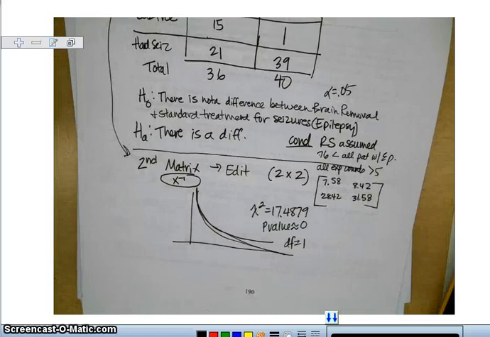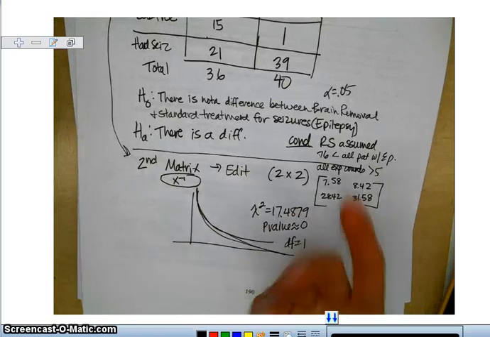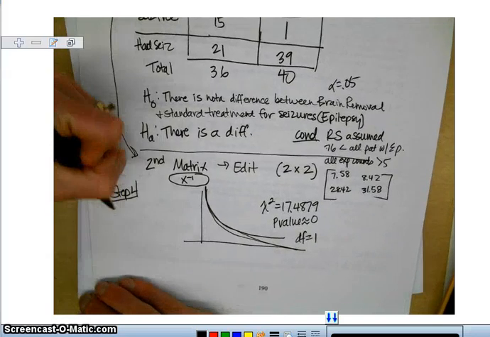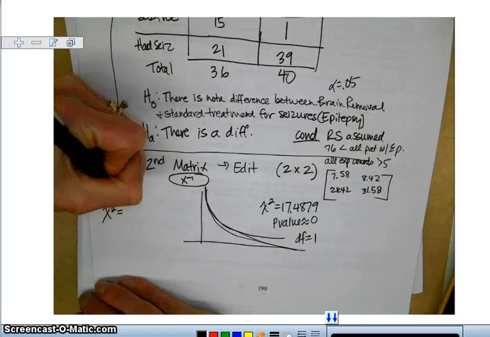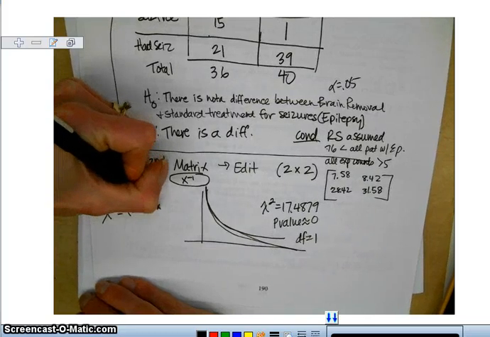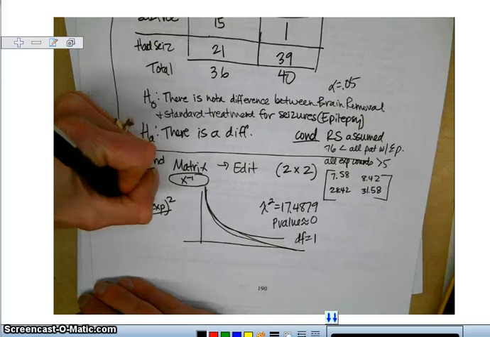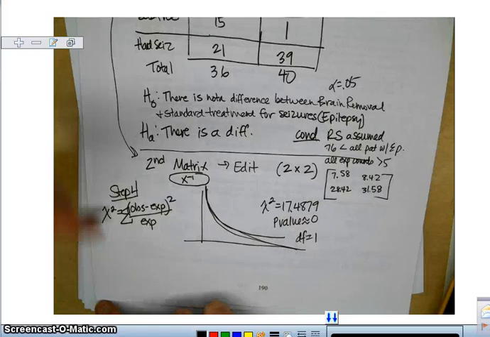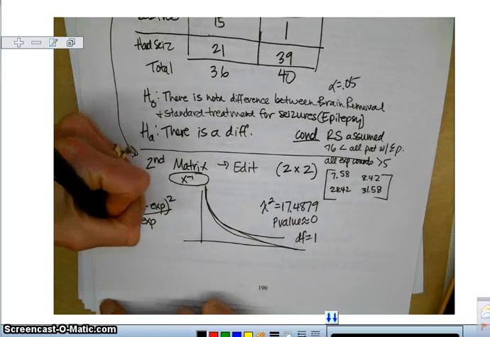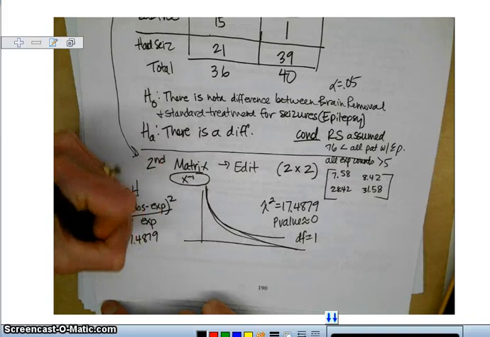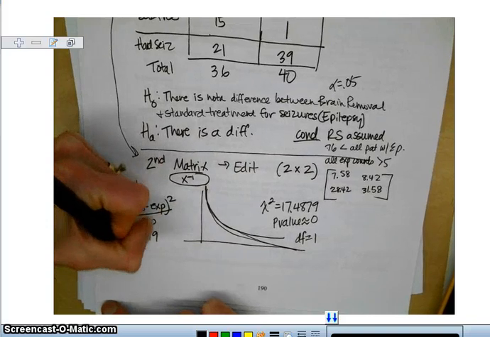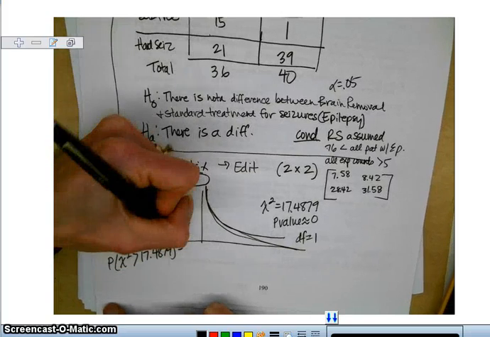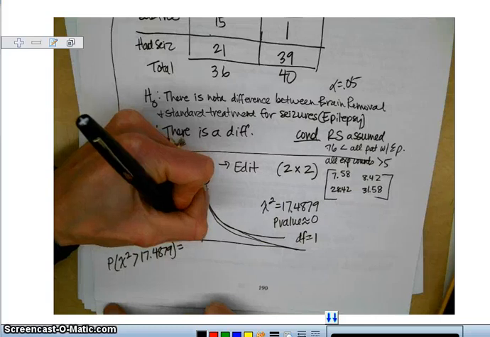Okay, so now we've got our p-value and everything already, but we still have to write, like in step 4, our computation. So we would be writing that our chi-square statistic is the observed minus the expected, squared, over the expected, and it's the sum of all of those. So don't forget that sum. And then we could say that our chi-square statistic is 17.4879. The probability that chi-squared is greater than that is equal to my p-value, which is approximately 0.